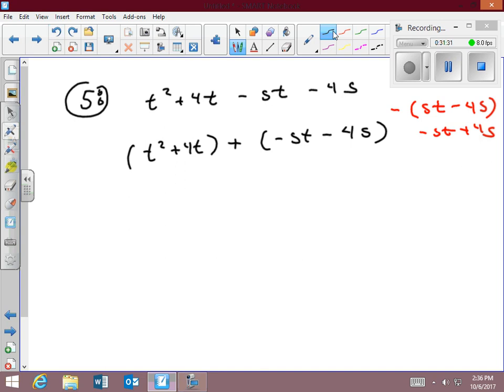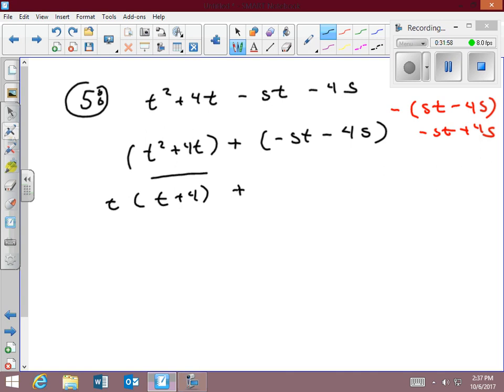Now, the first 2, what's the common factor? These 2. There's a common t, isn't there? So I take a t out, and I have a what? T plus 4. Now, with that on my first one, I want to get a t plus 4. What am I going to take out of that second group?